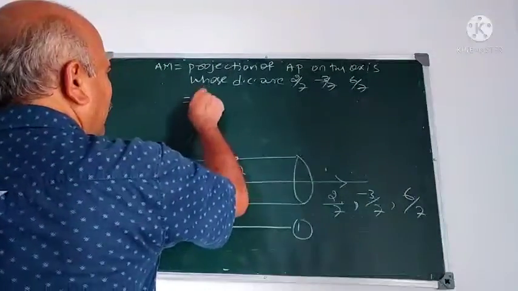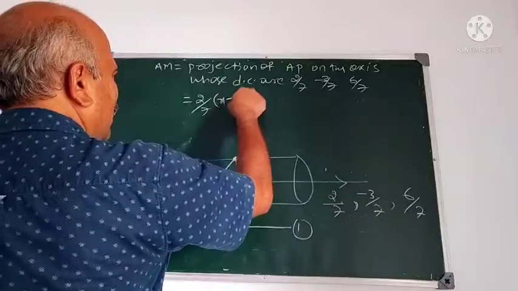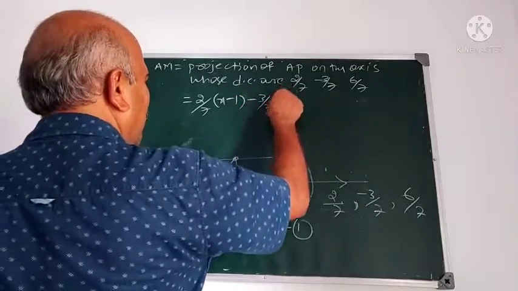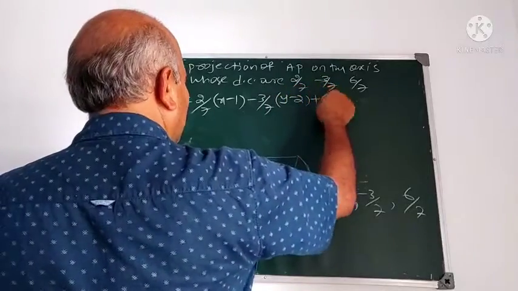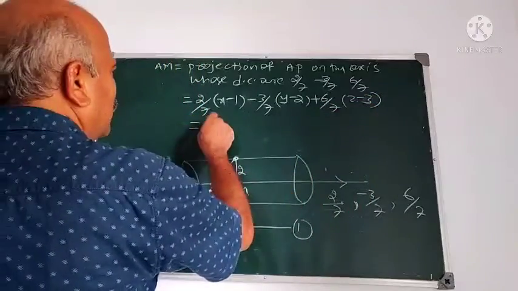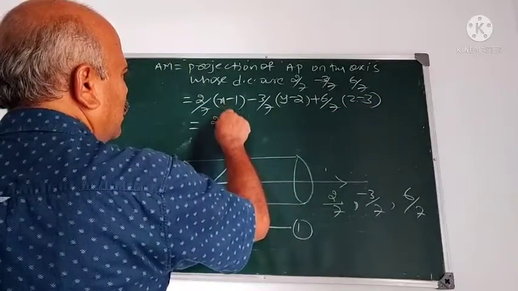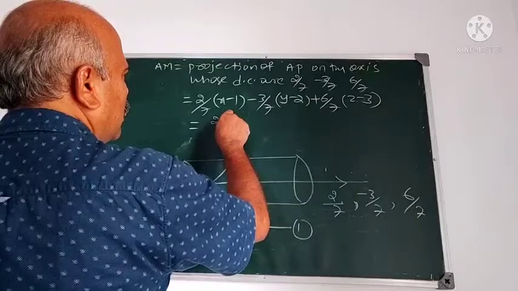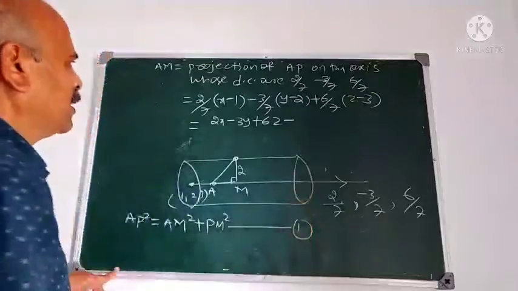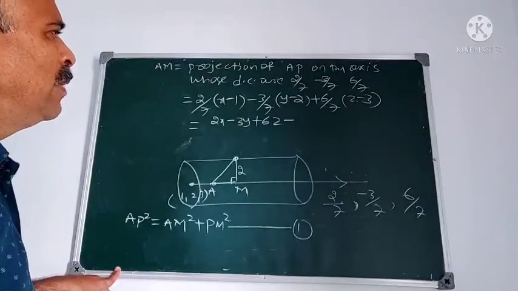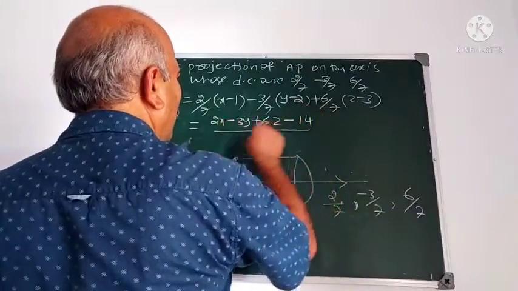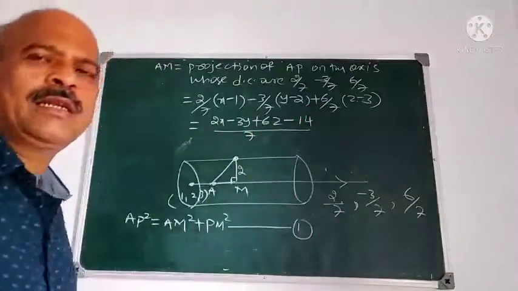It is 2 by 7 into (x minus 1), plus minus 3 by 7 into (y minus 2), plus 6 by 7 into (z minus 3). So it is (2x minus 3y plus 6z minus 14) upon 7. This is AM. Am I correct here?